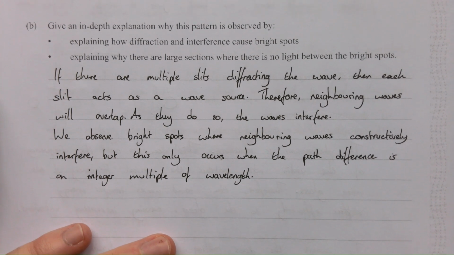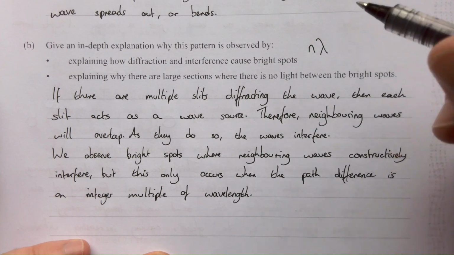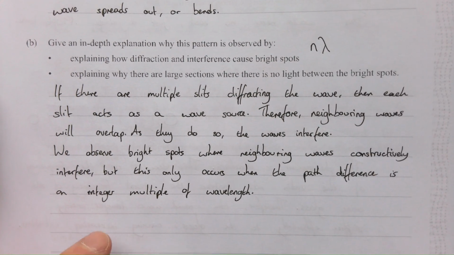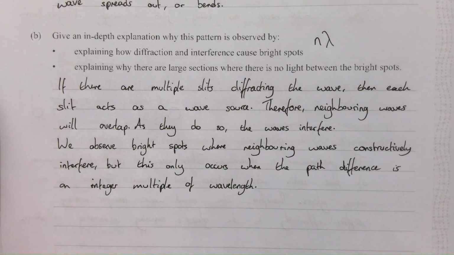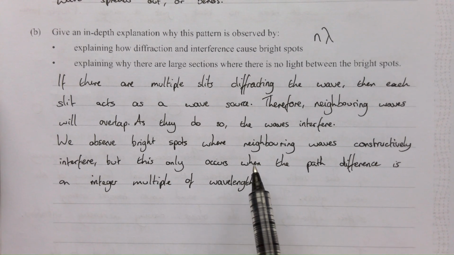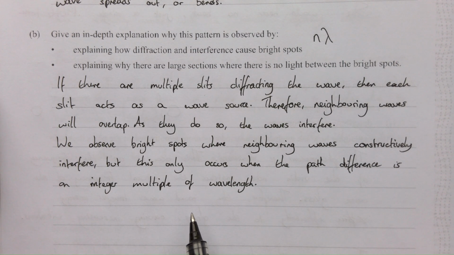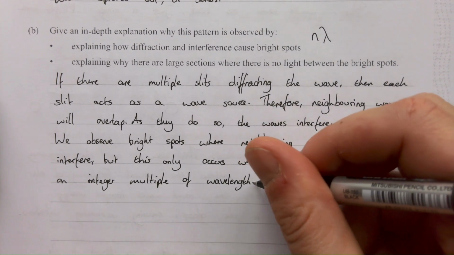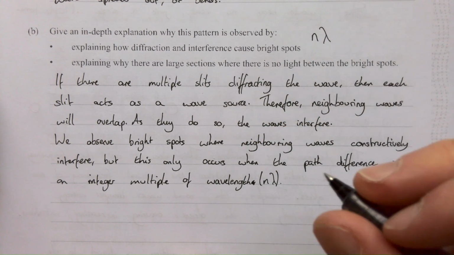That's why in all of these equations, it's always n lambda equals something, n being an integer, lambda being wavelength. An integer multiple of wavelength is any value of n lambda, by definition. So we observe bright spots where neighbouring waves constructively interfere, but this only occurs when the path difference is an integer multiple of wavelength, and in fact we could even put n lambda in there, just to highlight that's what that means.